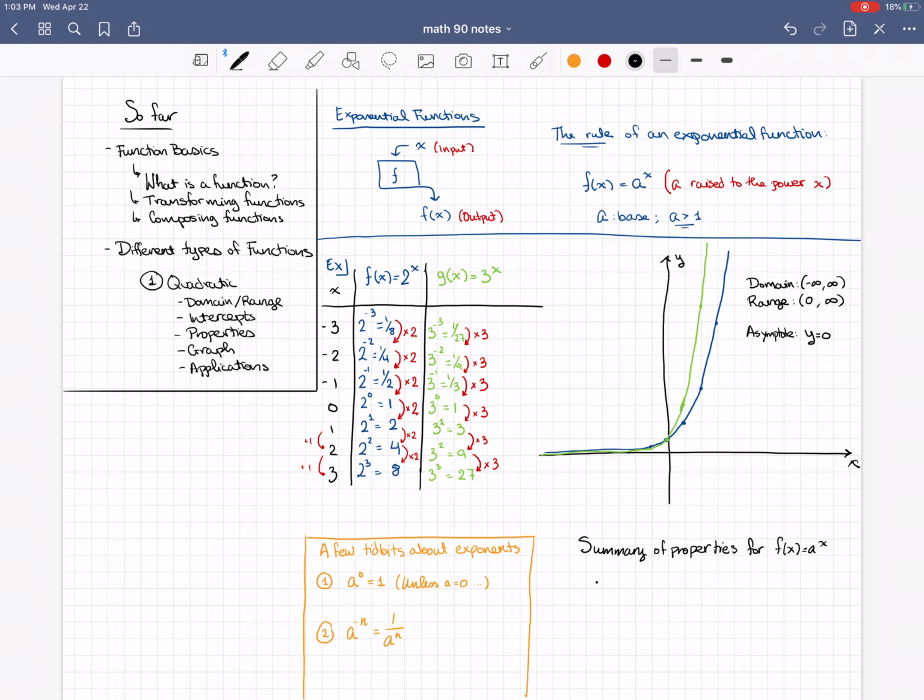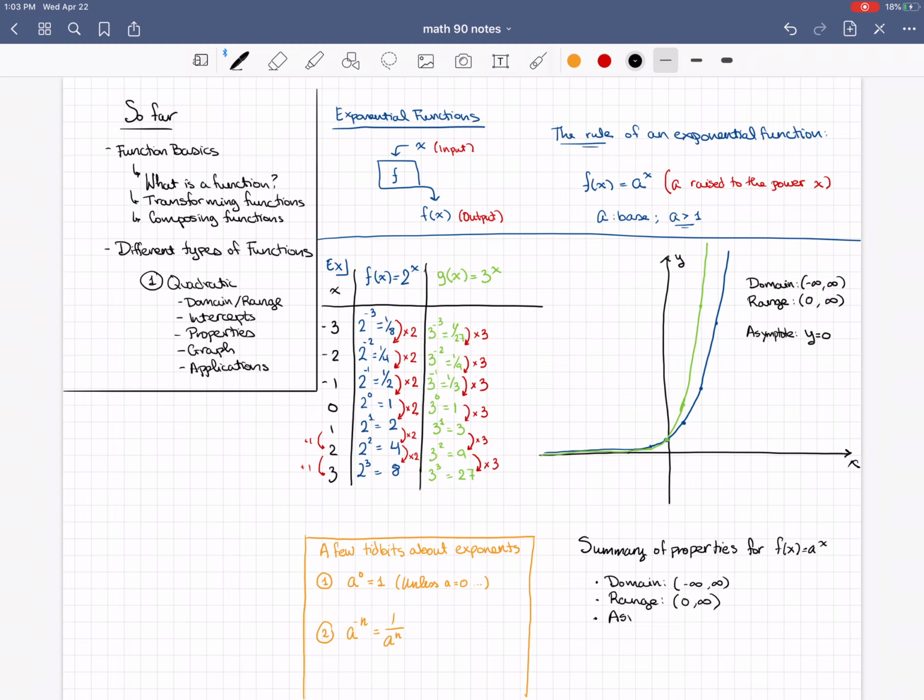So number one, the domain is all real numbers. We are not going to encounter in this class any exponential functions whose domain is not all real numbers. The range of the basic exponential function f of x equals a to the x consists of strictly the positive numbers from 0 to infinity.